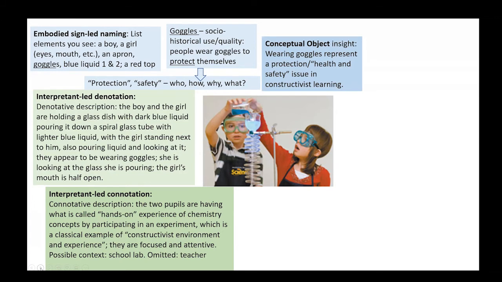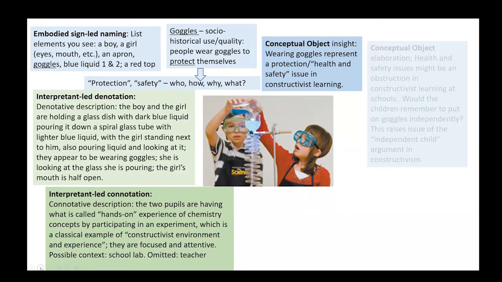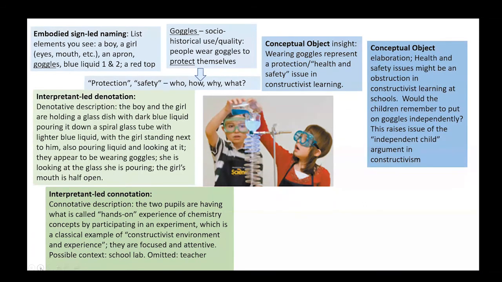To exemplify, wearing goggles represents a protection or health and safety issue in constructivist learning, because we're again referring this to the concept of constructivism that we've been talking about throughout the whole presentation. Elaborating further on this insight, these health and safety issues might be an obstruction or a challenge in constructivist learning at schools.